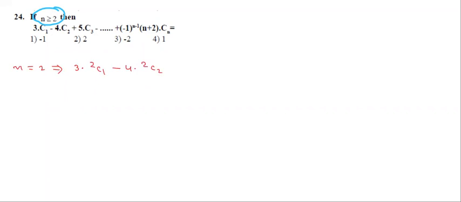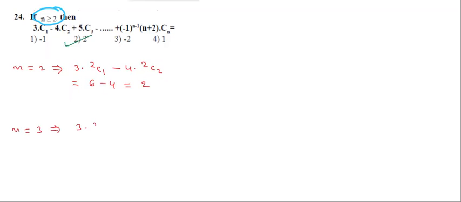This cannot exist. Now 2C1 means 2, 2 3s are 6, minus 4. That value should be 2. Now verify the options. Directly we got answer 2. Second option is correct.